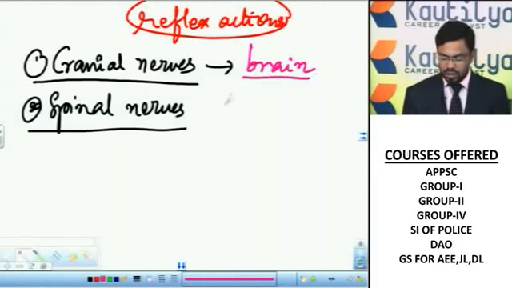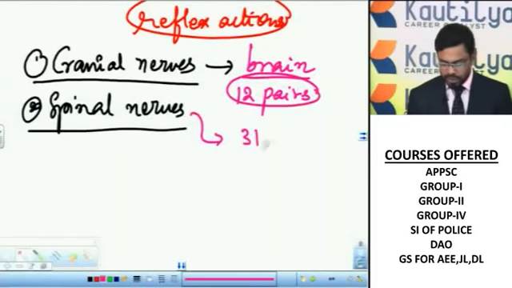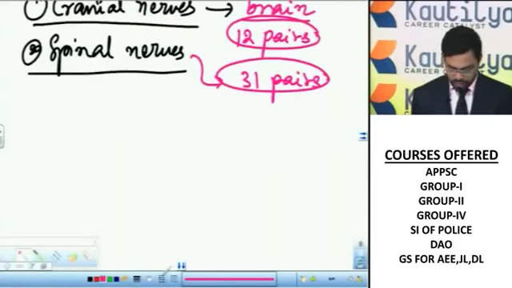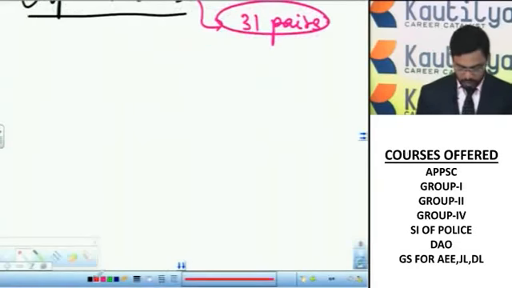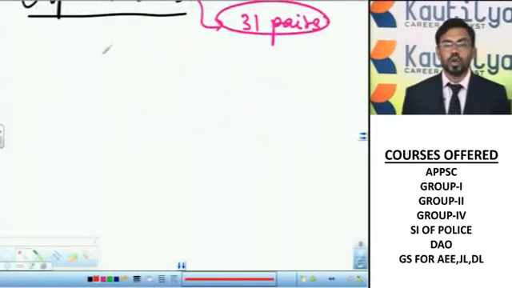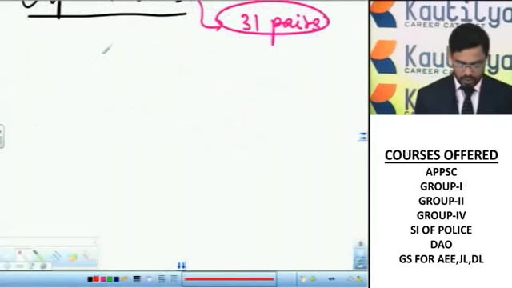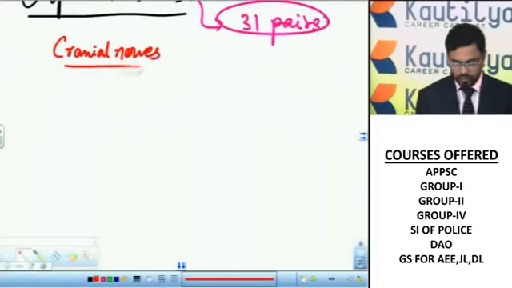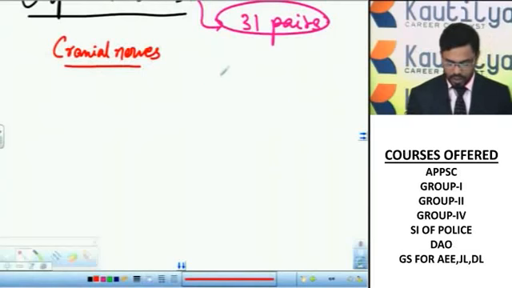There are totally 12 pairs of cranial nerves and 31 pairs of spinal nerves. The cranial nerves may be sensory, motor or mixed nerves. So let us see the list of the cranial nerves and their nature.